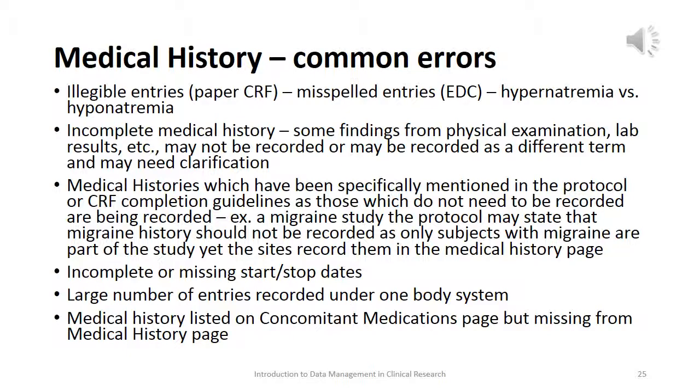So that would probably be a query that needs to be clarified. Then there are medical histories which have been specifically mentioned in the protocol that do not need to be recorded. For example, if it's a migraine study, we probably don't need to record migraine among the medical history items.